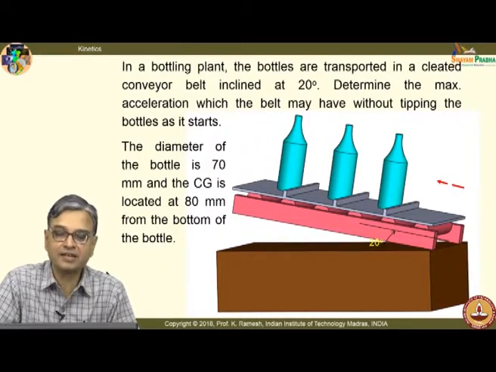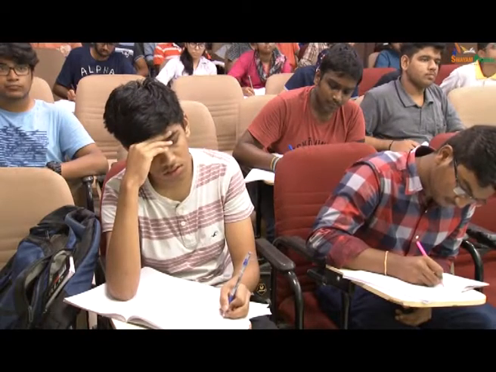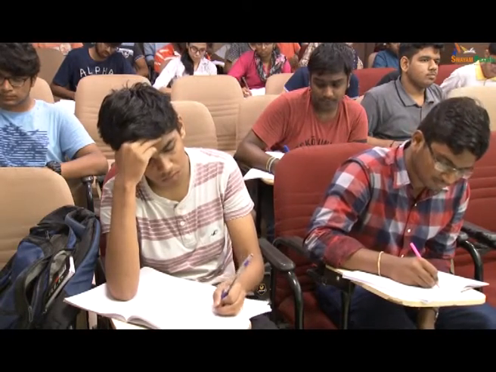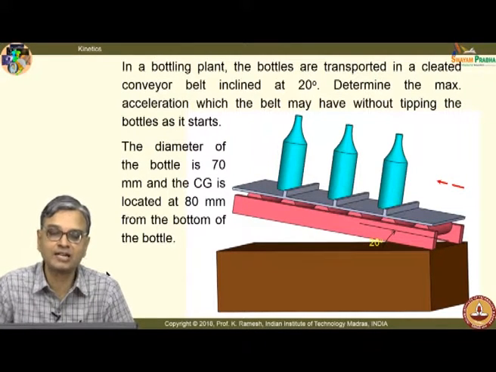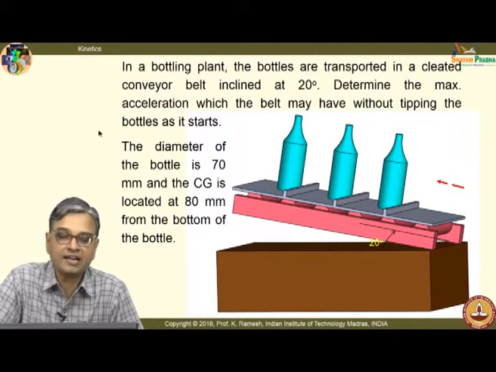Then there is another very interesting problem. See, the packaging industry needs a lot of mechanics, and so you have a bottling plant. The bottles are transported in a cleated conveyor. That means you have steps like this on the conveyor, and the bottles are going along.